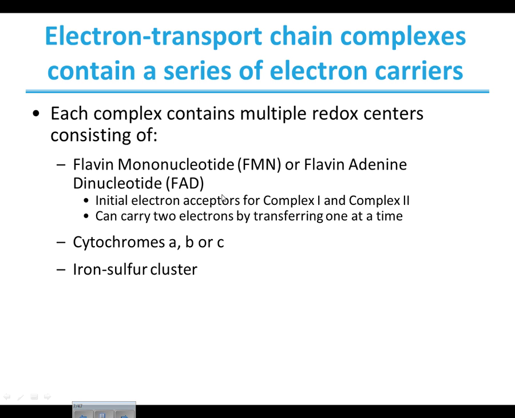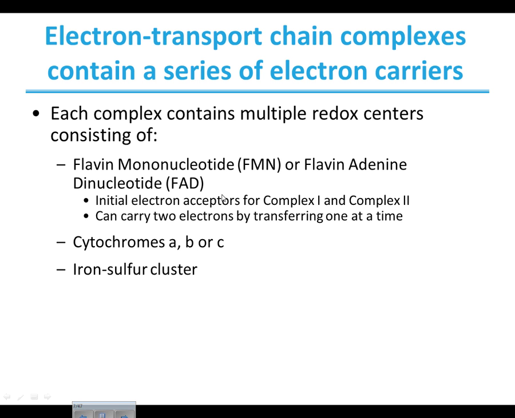We're going to see flavin mononucleotide and then the FAD, which we've seen before, that's going to interact with complex 1 and 2. We're going to see cytochromes, A, B, and C. And then we're going to see iron-sulfur clusters, as well as coenzyme Q or ubiquinone, which is not on this list. And we're going to look at each of these individually.